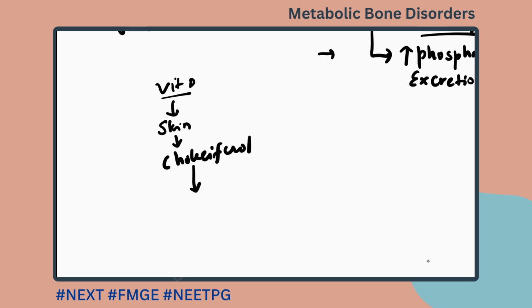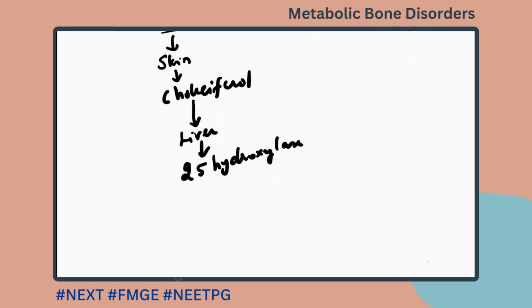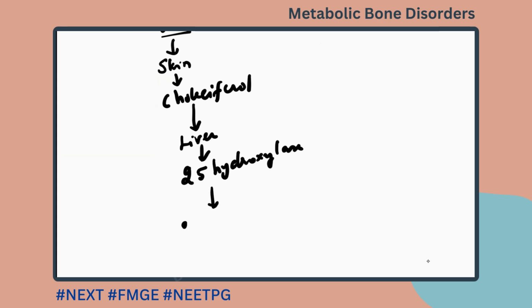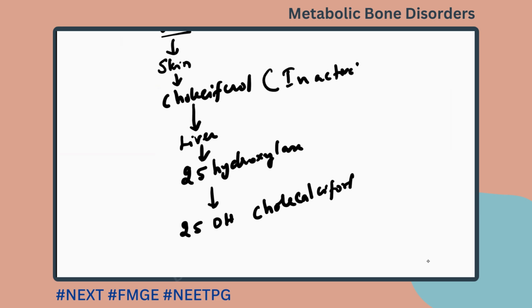The vitamin D reaches the liver, where the 25-hydroxylase enzyme acts and converts it into 25-hydroxycholecalciferol. See, this cholecalciferol is an inactive form. 25-hydroxycholecalciferol is also an inactive form.